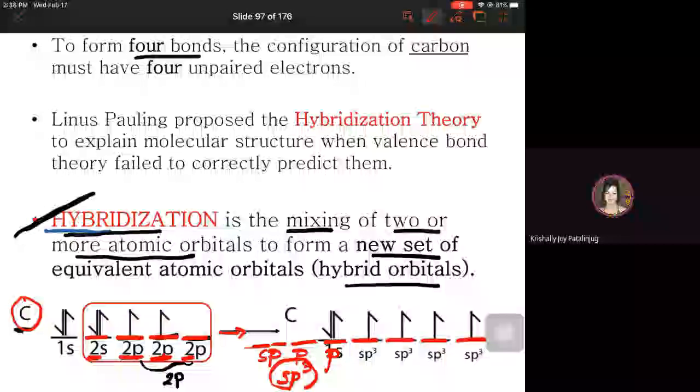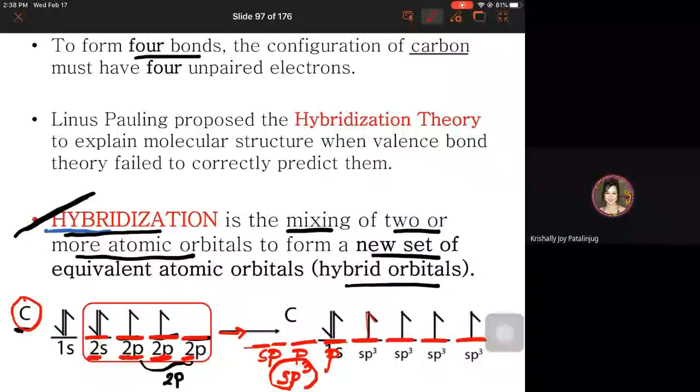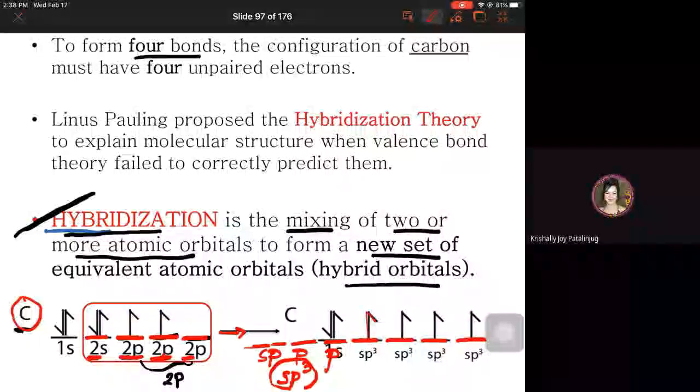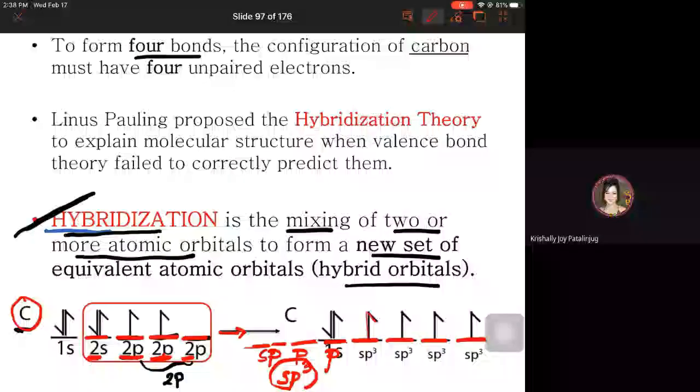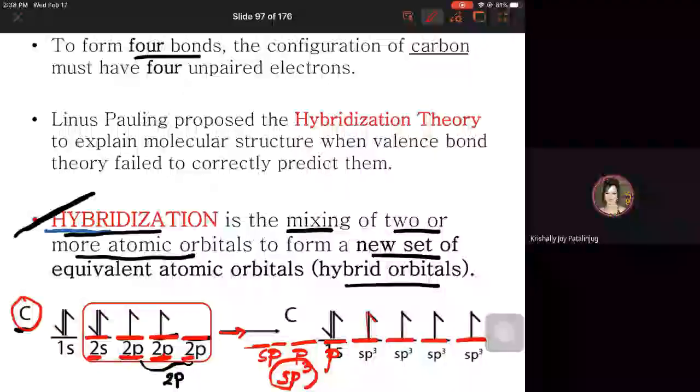So, yung 4 na valence electron na yun, when we occupy electrons on sublevels with more than one orbital, they have to be distributed singly. Alright? That is based on Hund's rule. So after 1s, meron kang sp3, apat na hybrid orbitals.